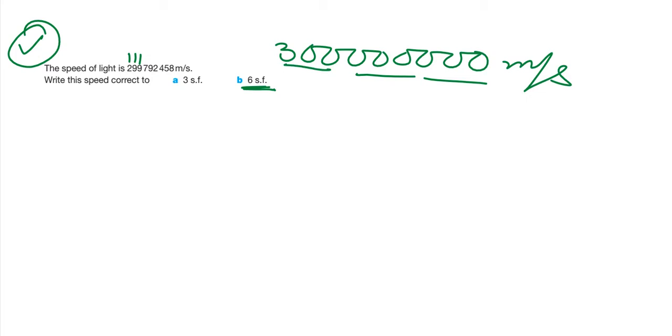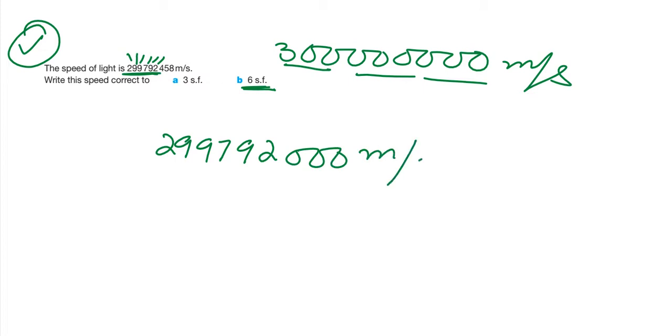Alright, now we have to look at the 6th term. 2 is the 6th term, and after 2 we have 4 over here, which is smaller than the number 5, so we can easily write it in this form, meters per second.